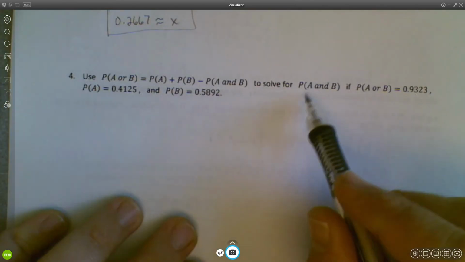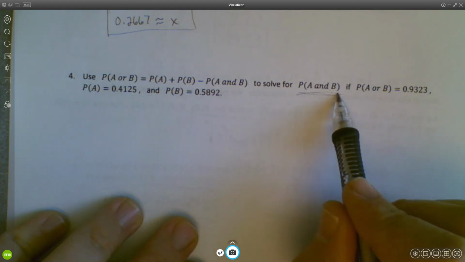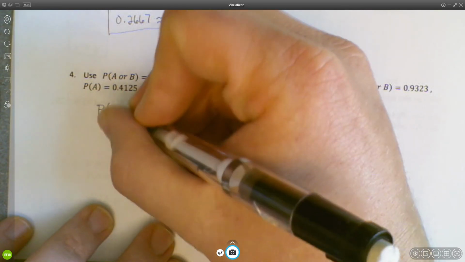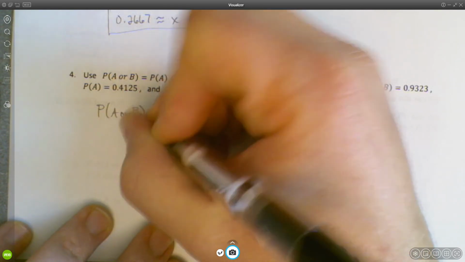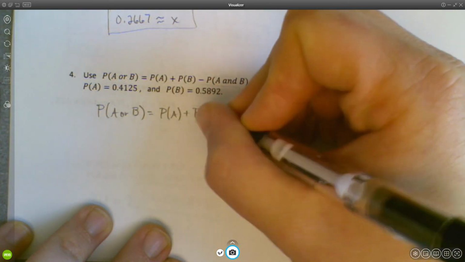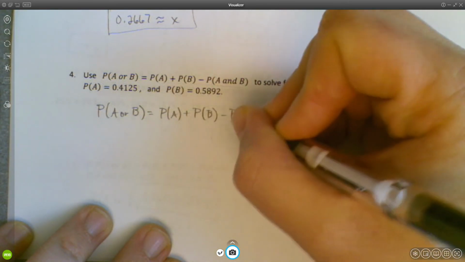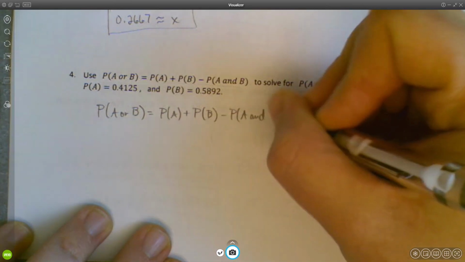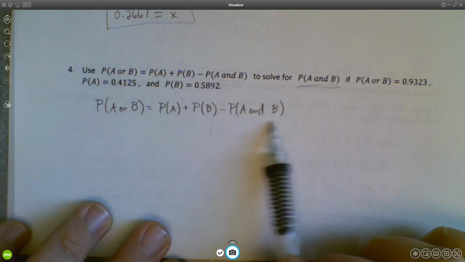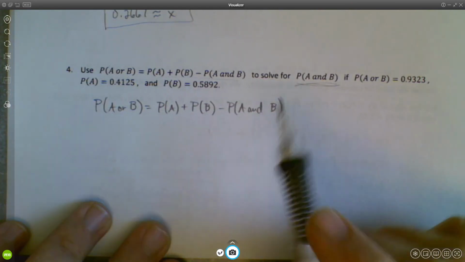Okay, we're supposed to solve for probability of A and B using this formula here. I'm going to rewrite the formula so that I have room to make my replacements. This is what I want to solve for. So I'm going to replace this with an x.